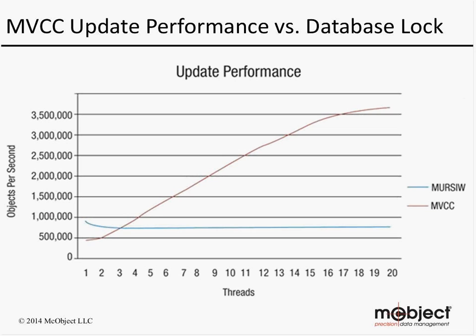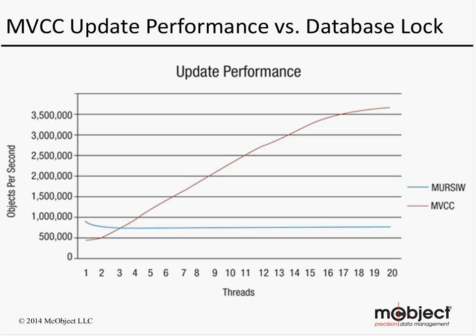So we need to get some number of threads going at the same time in order for the greater resource usage of MVCC to be outweighed by the greater concurrency of MVCC. And in this example, that crossover point was at 4 threads. So from 4 threads and up, MVCC is a better choice.